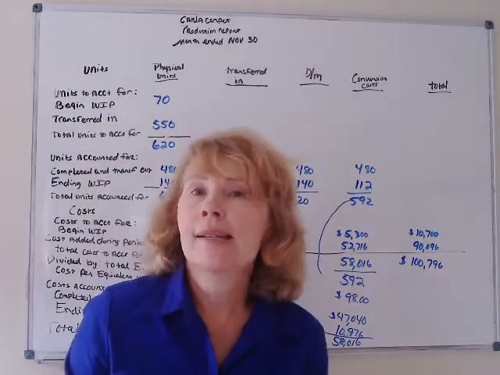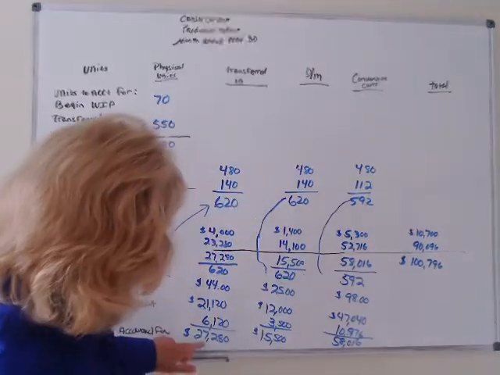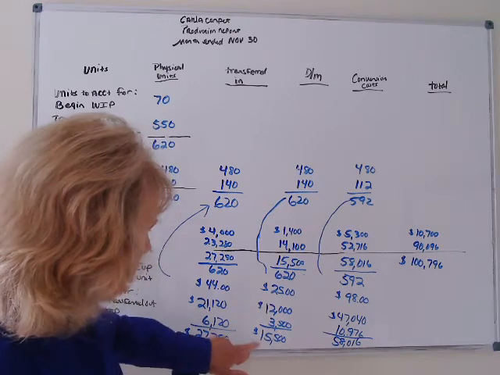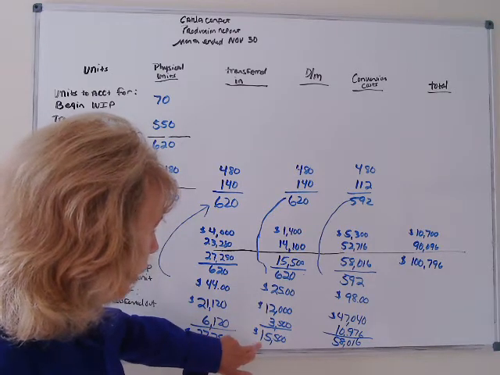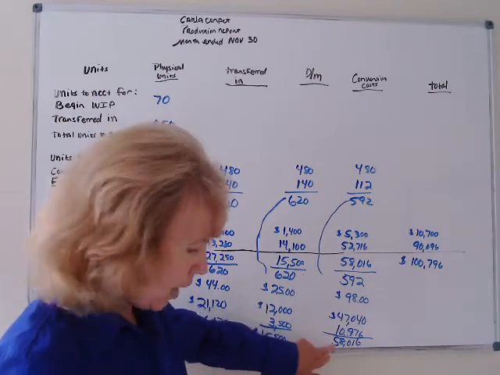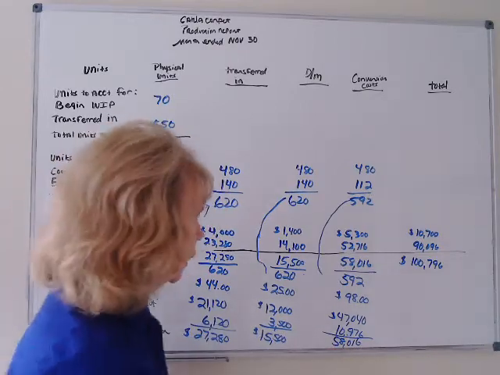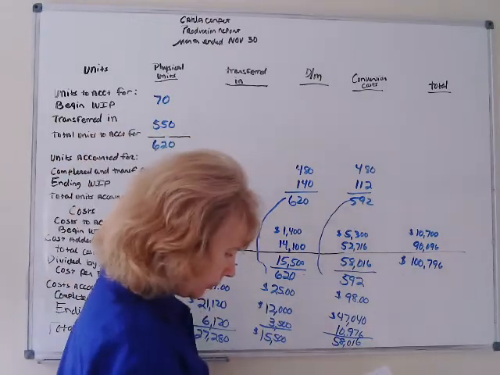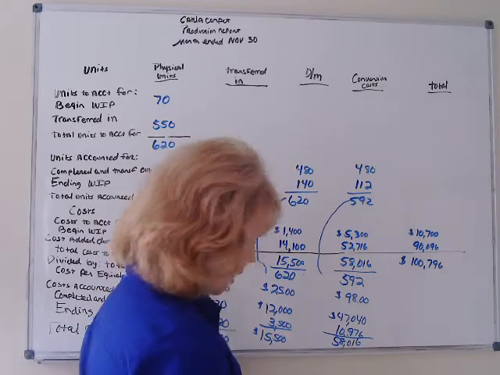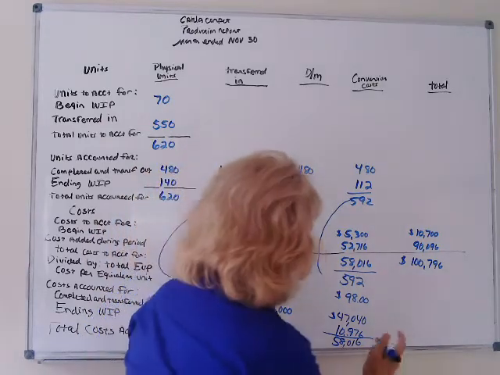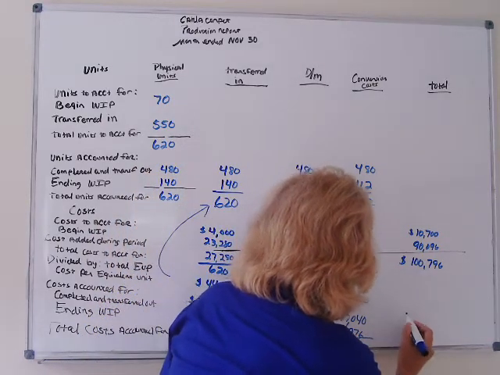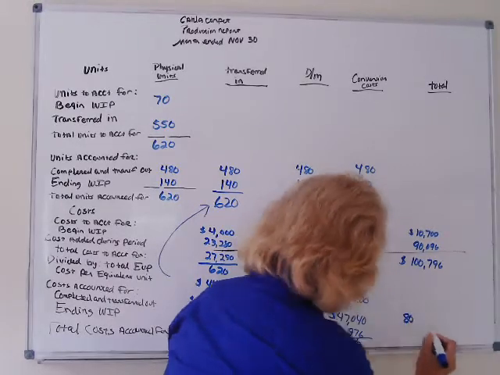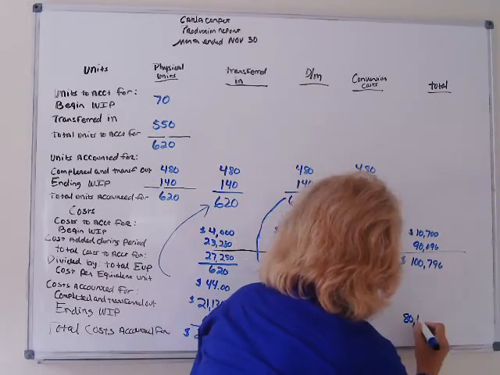Now let's double check. This always has to be, I'm going to take 27,280 plus 15,500 plus 58,000, and it better equal the same number as here. Also in the lab, it will have you total these across. So we're going to do 80,160.